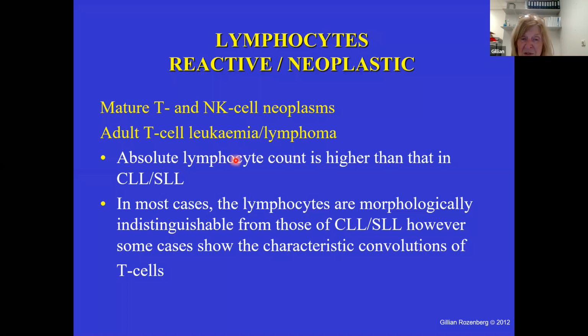And they have an absolute lymphocyte count which is higher than that in CLL/SLL. In most cases, the lymphocytes are morphologically indistinguishable from those of CLL/SLL. However, some cases show characteristic convolutions of the T cells.